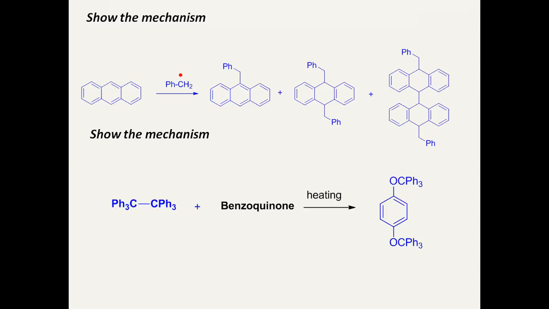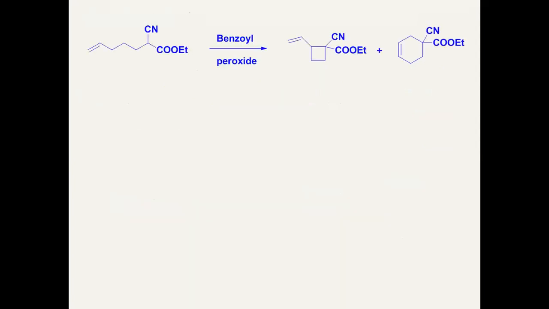You should know how to show the mechanism for these two important reactions. Okay. So see one more reaction before you. There is a reactant which is being reacted with benzoyl peroxide, which is the initiator in this reaction.